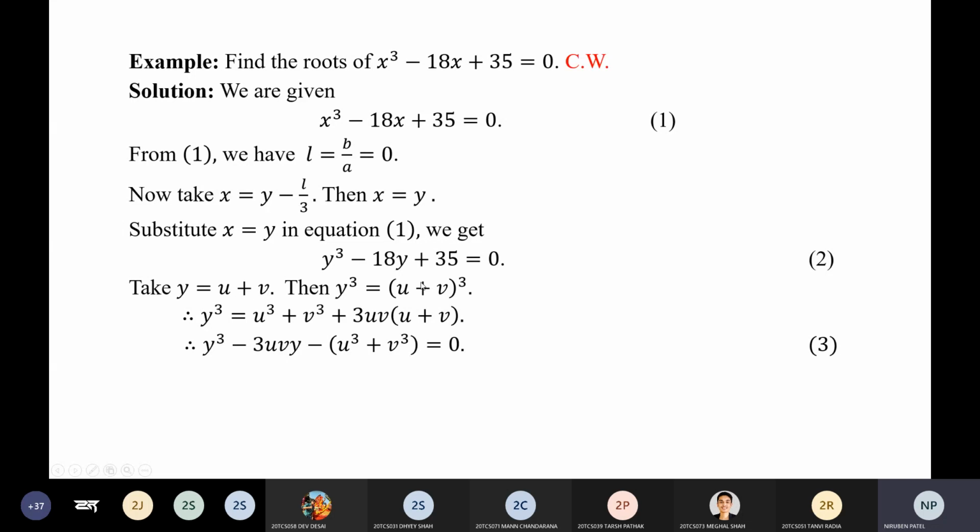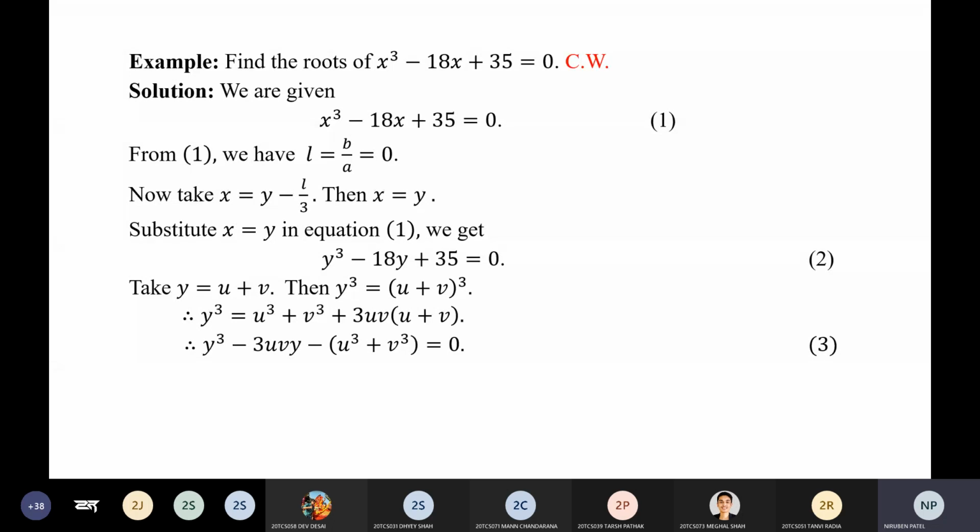So what are we getting here by the comparison? uv is equal to 6. So from this uv equal to 6, we need to write u cube into v cube is equal to 6 cube, because for the next step we want u cube and v cube as roots.